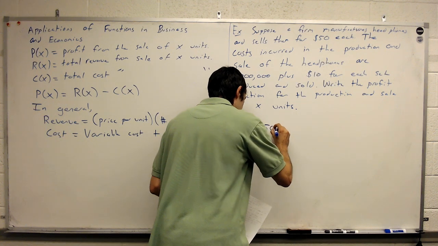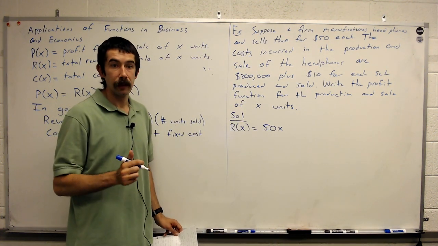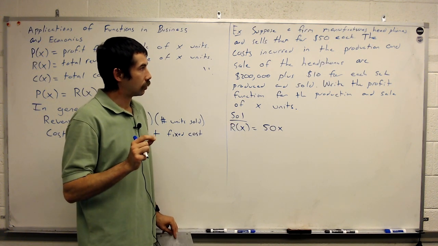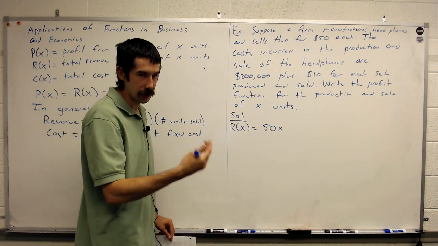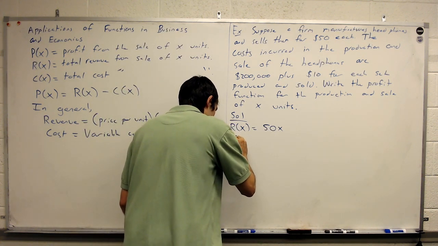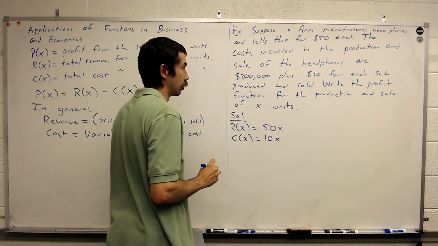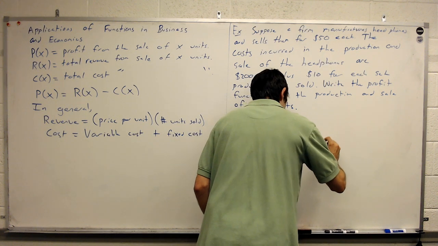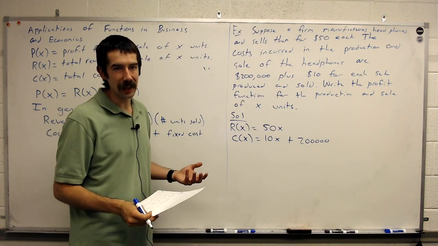So 50 times X. The costs, we have a fixed cost of $200,000 plus $10 per set. So our cost function is $10 per set plus 200,000. And now we're basically done with the problem, right?